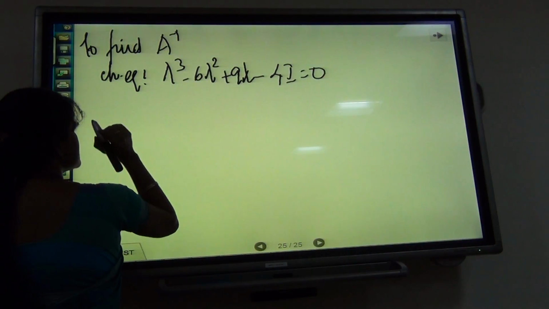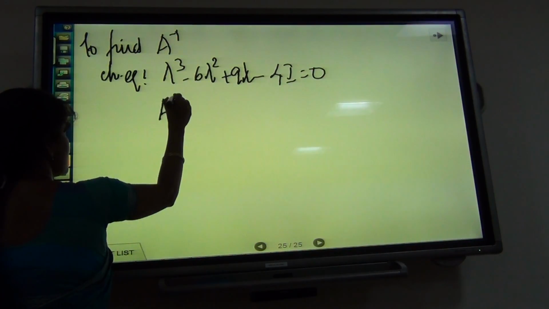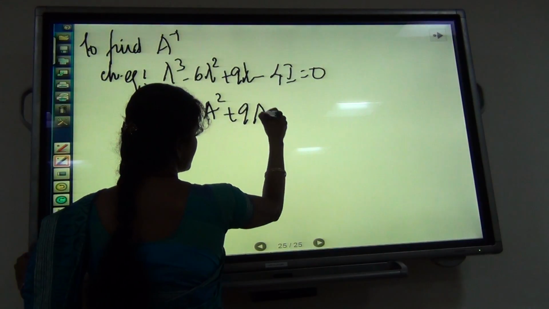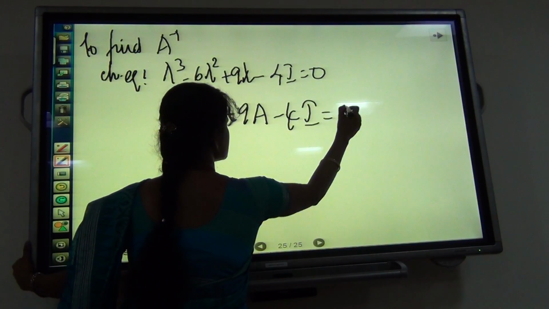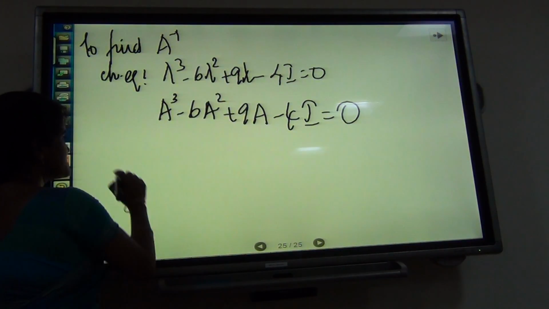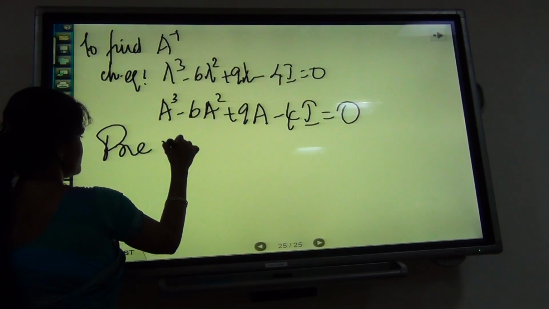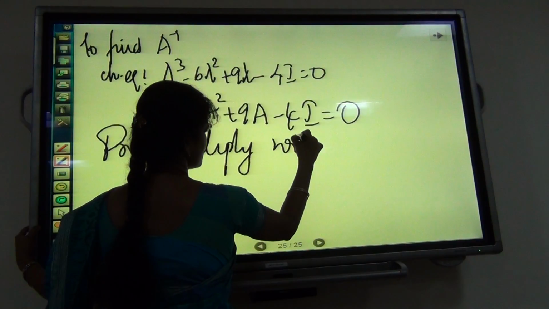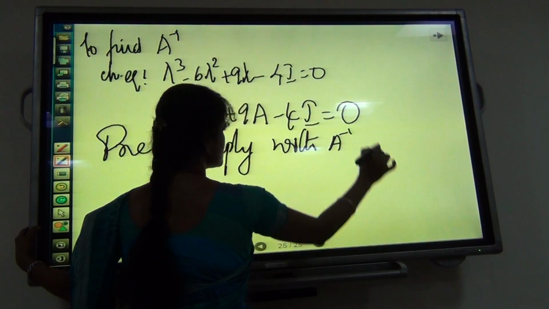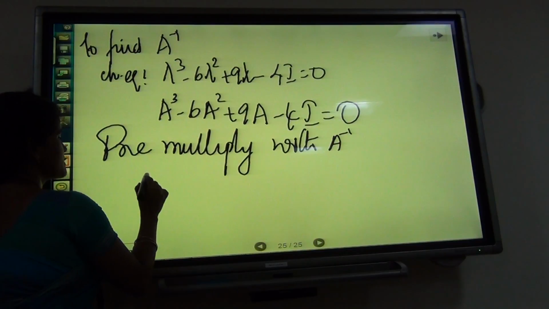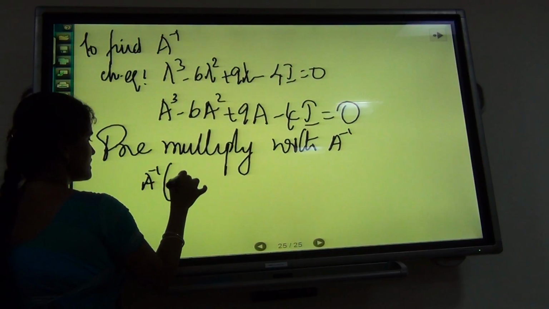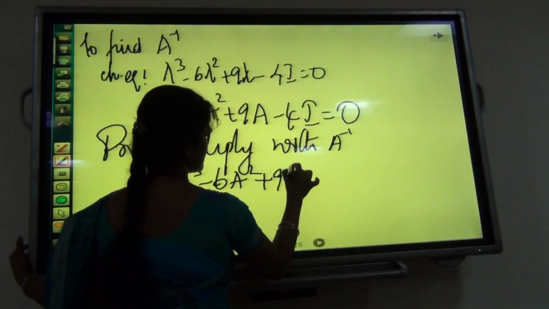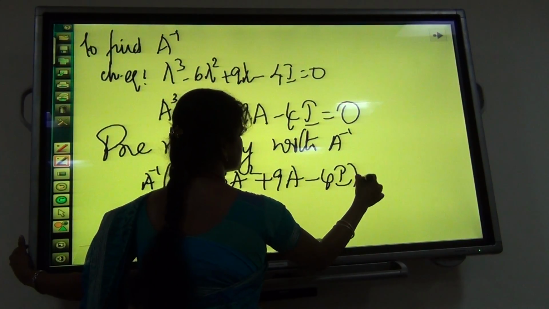In terms of the matrix form, you get A cube minus 6A square plus 9A minus 4I is equal to 0. So, we pre-multiply this equation with A inverse.